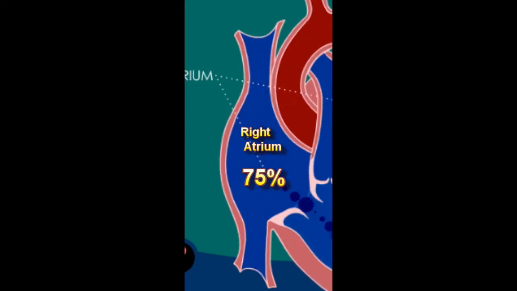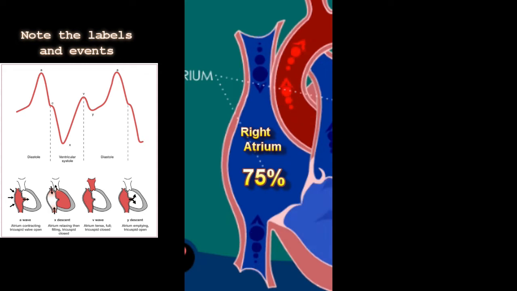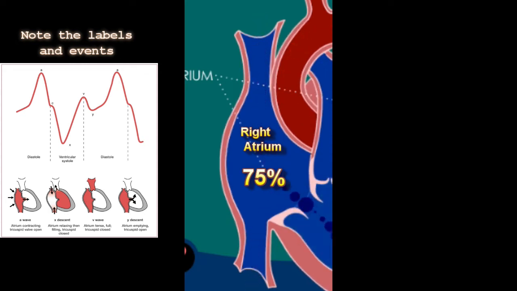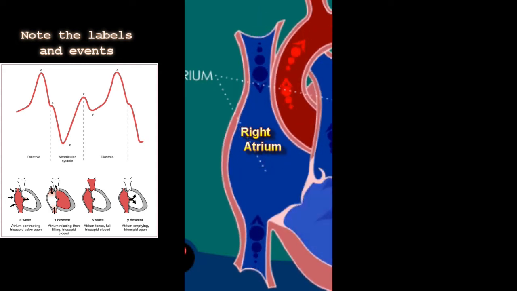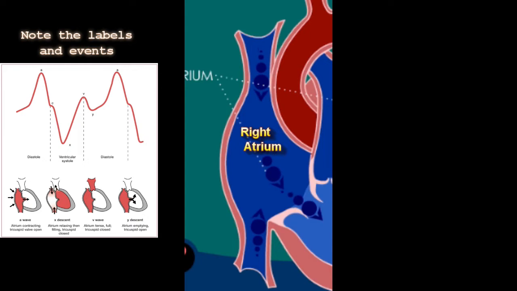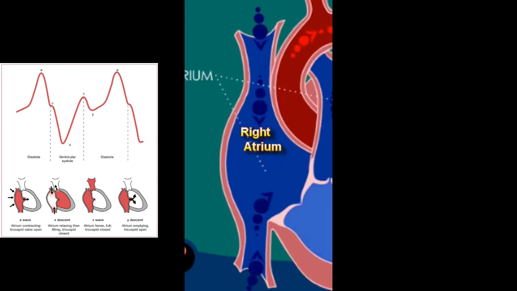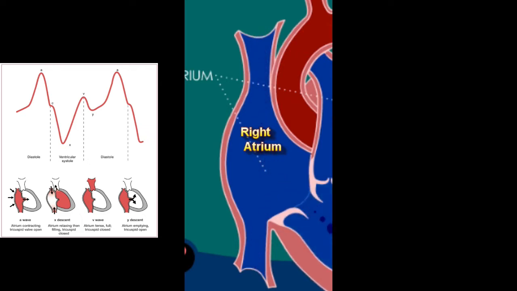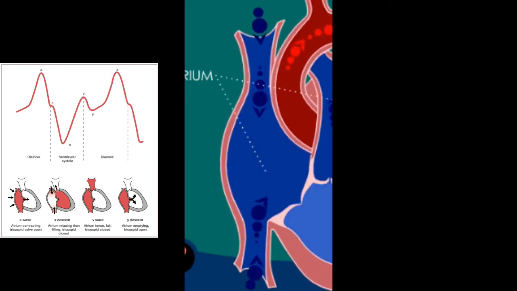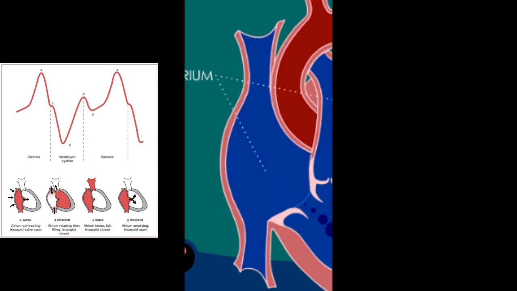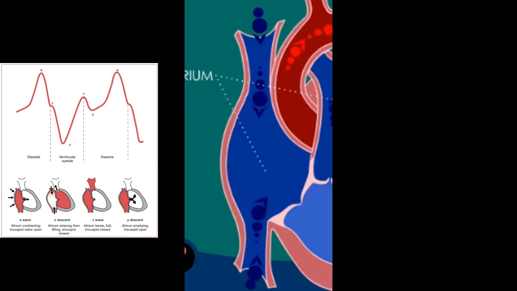We also see different events that are measurable in the right atrium: the A and V waves, the X and Y descents, and sometimes you can see the C wave too. You can see the definitions of them right above there.